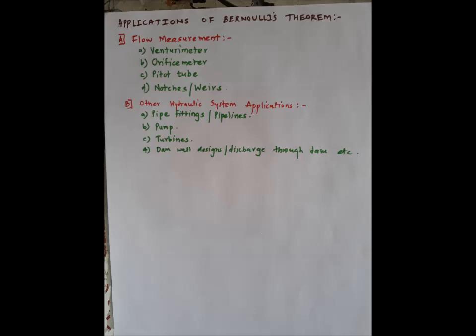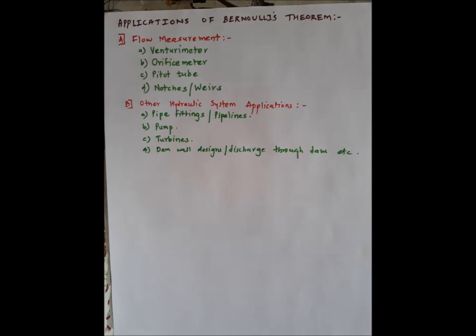The pump systems and turbine systems also use Bernoulli's theorem, where pumps use it to measure the head achieved by a pump or the head required to be achieved by a pump, so that the selection of the pump can be made properly. Turbine selection again depends on the amount of head available in a dam or reservoir, and based on this, how much energy the turbine can develop.